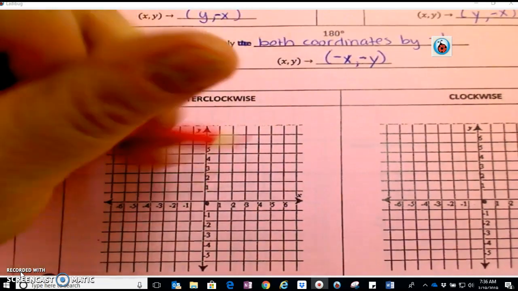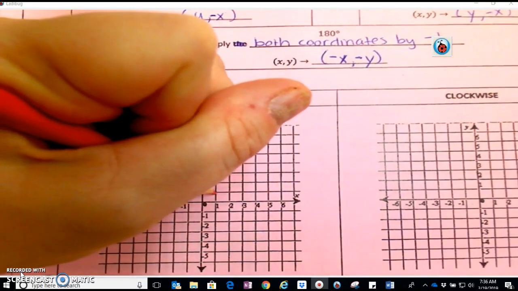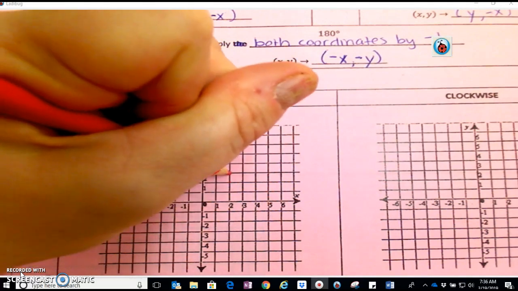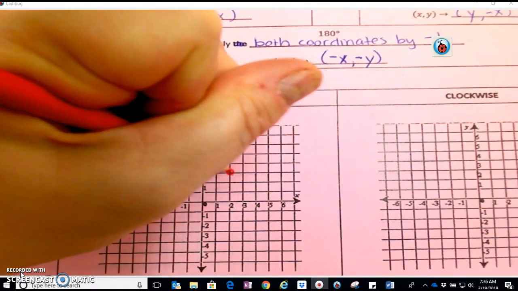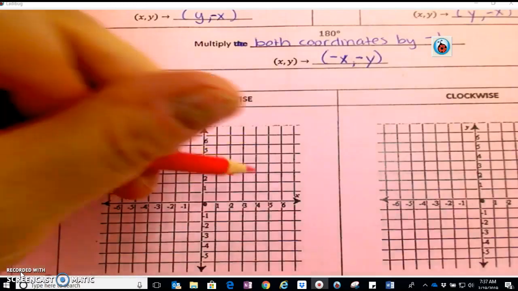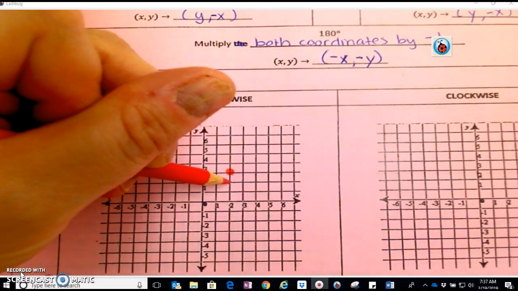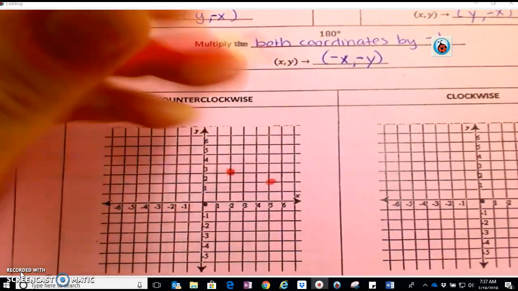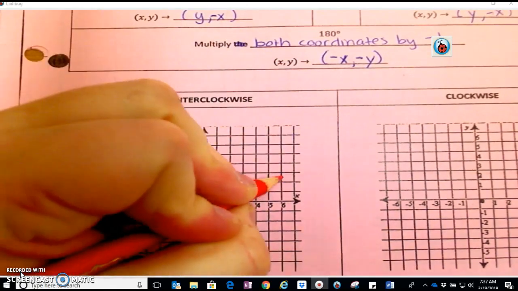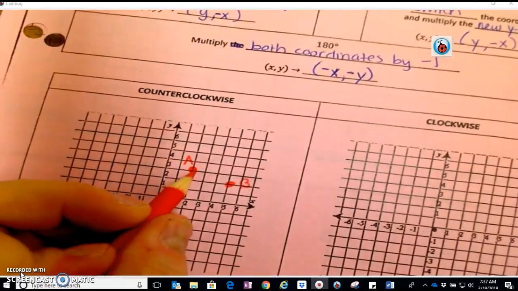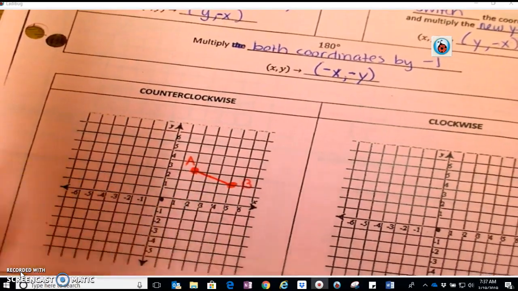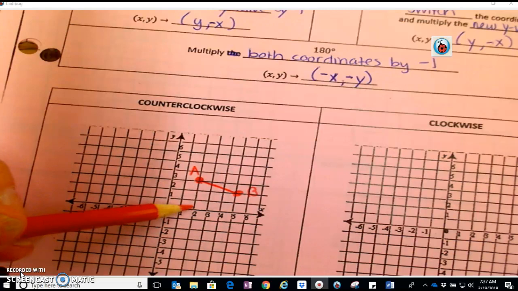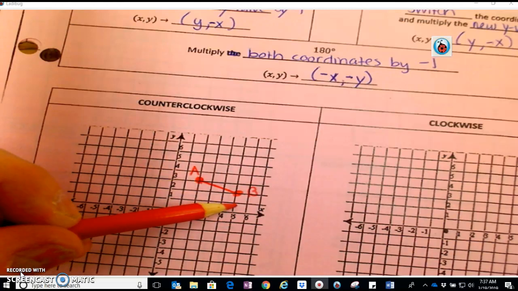So let's make a line segment, maybe kind of a diagonal. So this is A, this is B, and we'll draw a line. Okay, so that's 2, 3, and 5, 2.